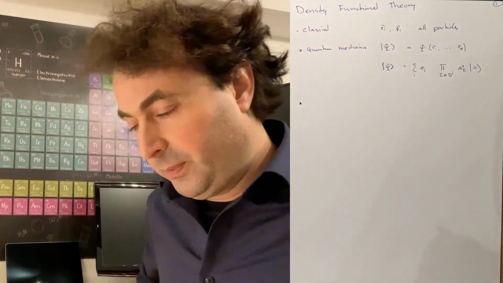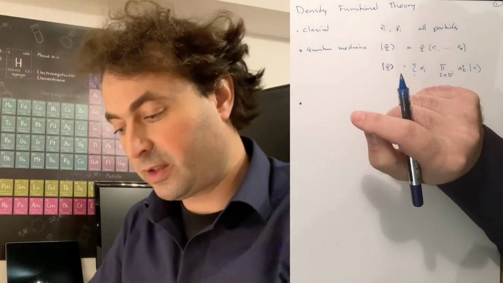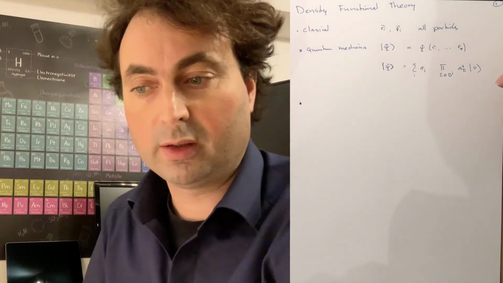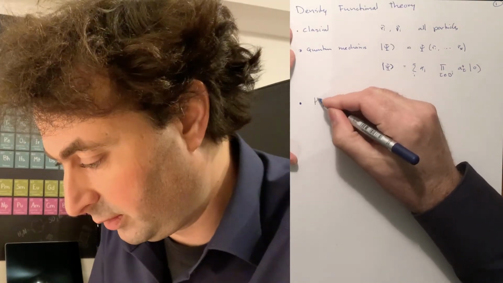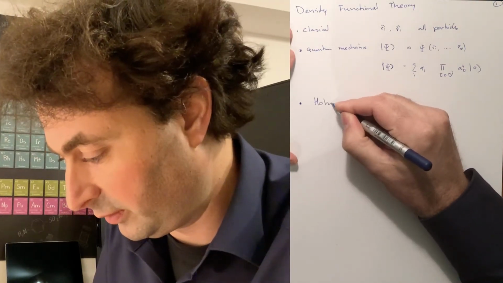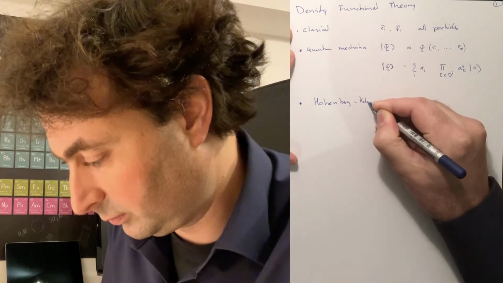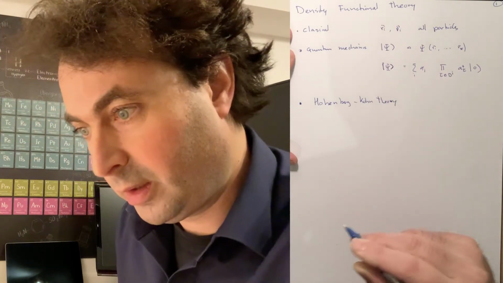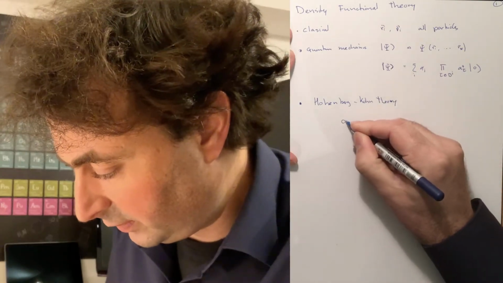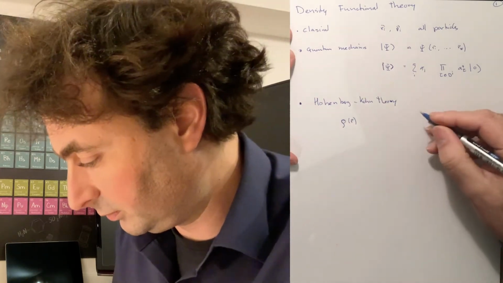There is another way in quantum mechanics to address or classify the ground state, and that is done in the Hohenberg-Kohn theorem. And that states that our ground state is defined by the ground state density.